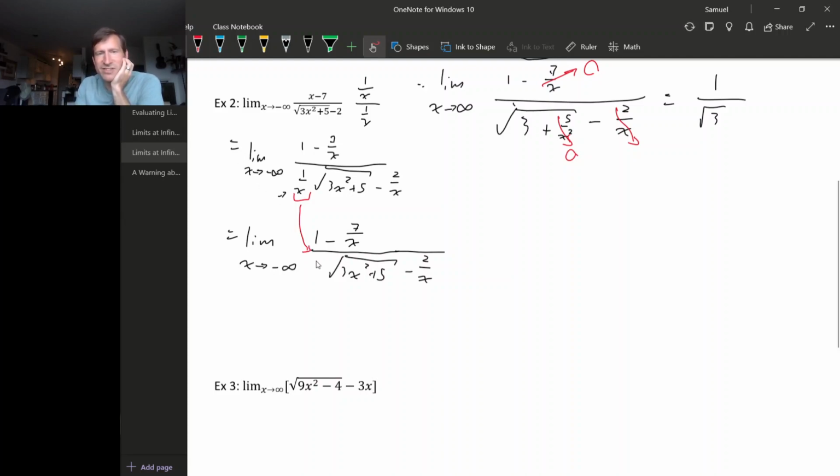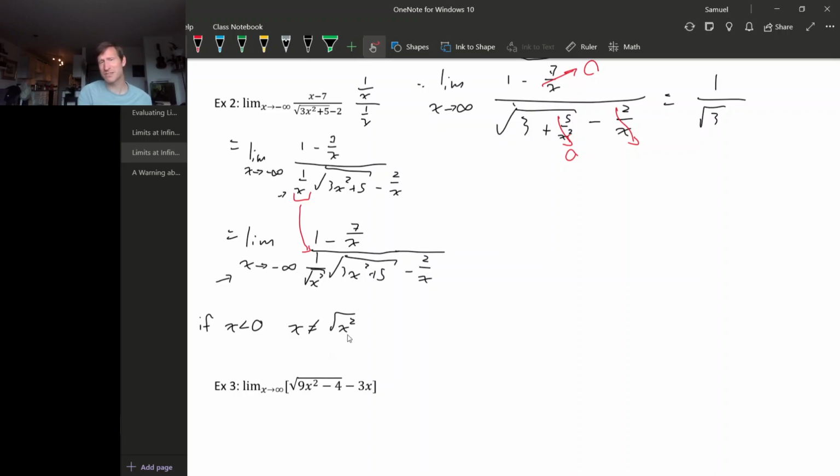So the temptation is to say, well, 1 over x is equal to 1 over the square root of x squared. But that's not true. And the reason is because if x is negative, right, we're taking a limit as x is going to minus infinity, so x is negative. Well, if x is negative, x is not equal to the square root of its square, right?